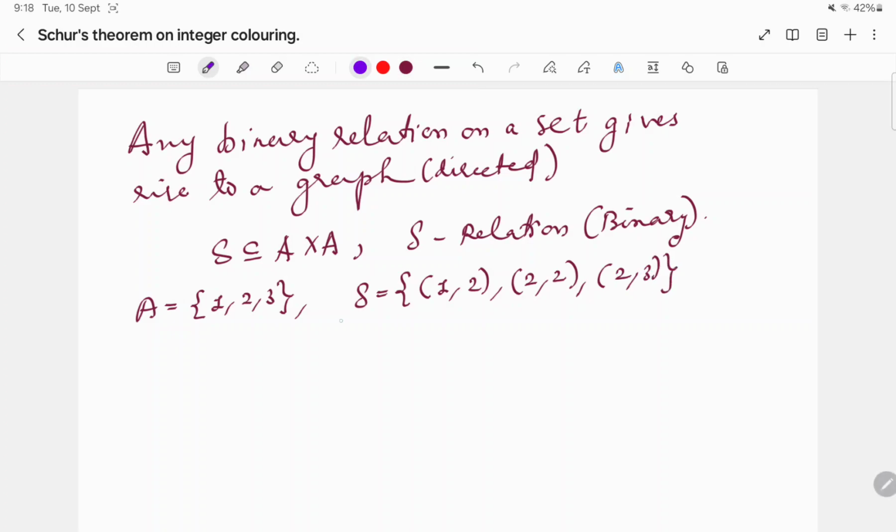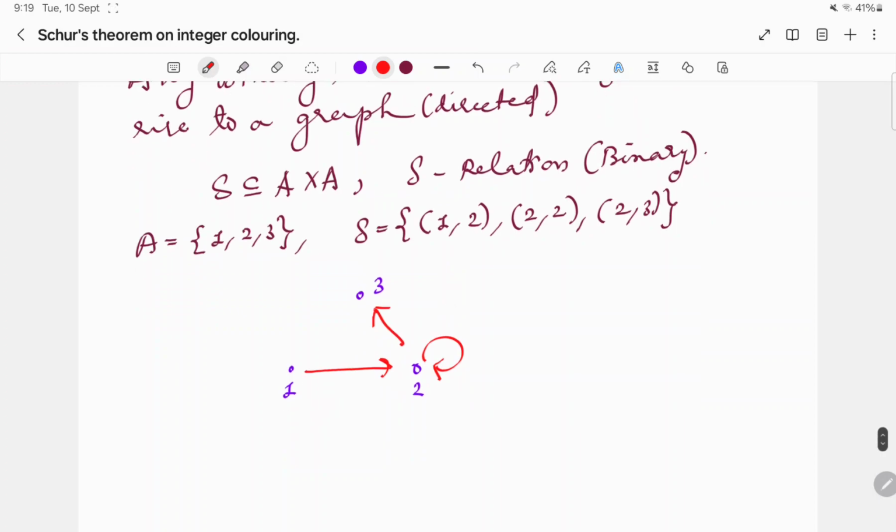Then the vertices are the set A, 1, 2, 3, and it's a directed graph initially. There is (1,2), so I can have a directed edge from 1 to 2. (2,2) means you make a loop. (2,3) means you make another edge. So this produces a graph.